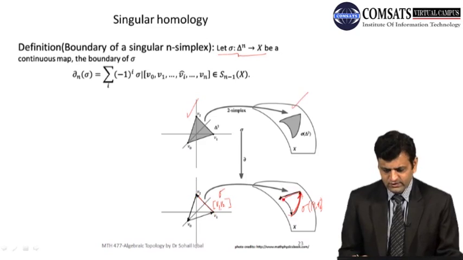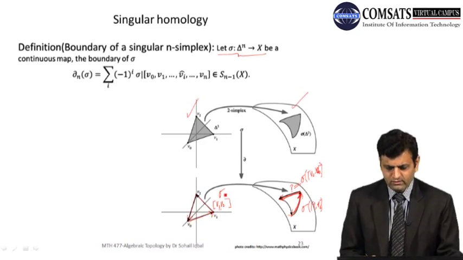Similarly, if I want to calculate what this line is, this question mark is basically equal to the continuous image under sigma of [v2, v0]. So basically, to calculate the boundary, I should just take the continuous image under sigma.